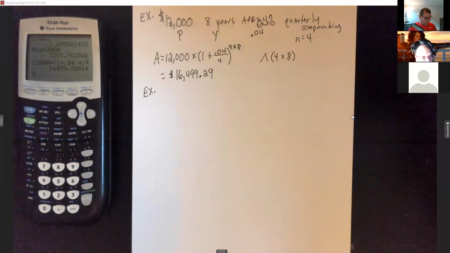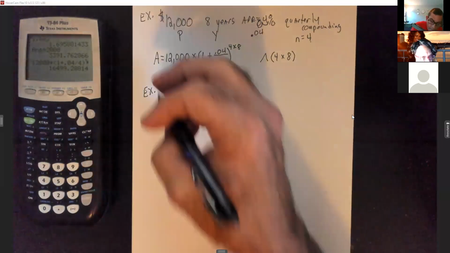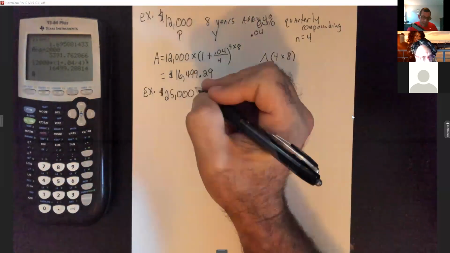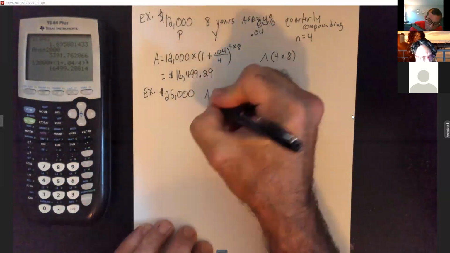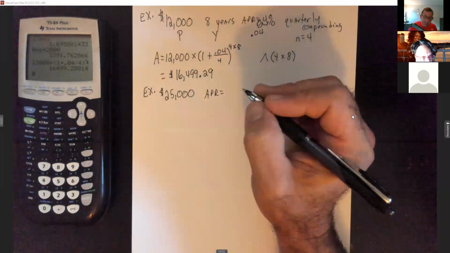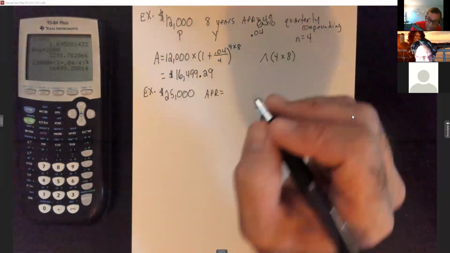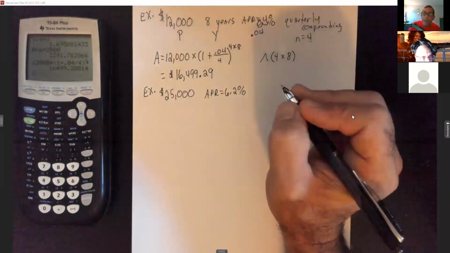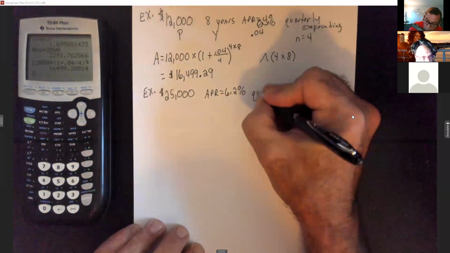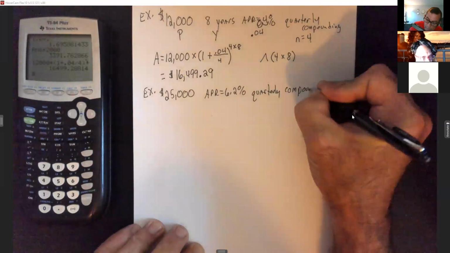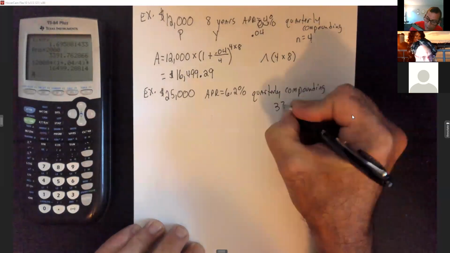All right, on this one, $25,000 at an APR of 6.2%, quarterly compounding, for 33 years.